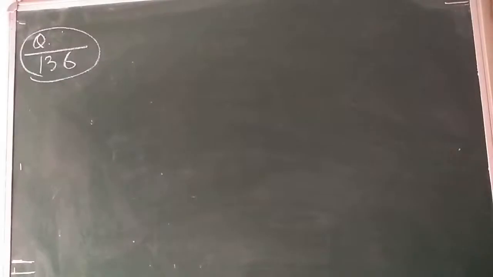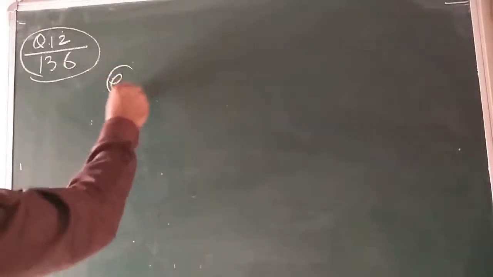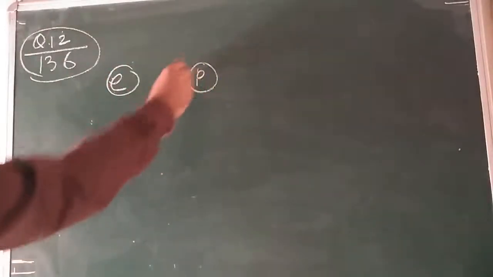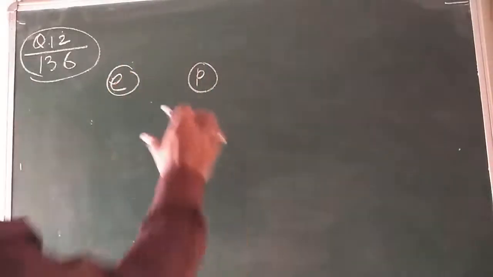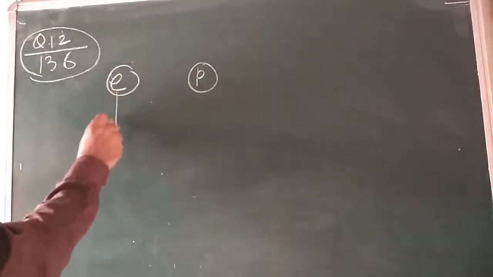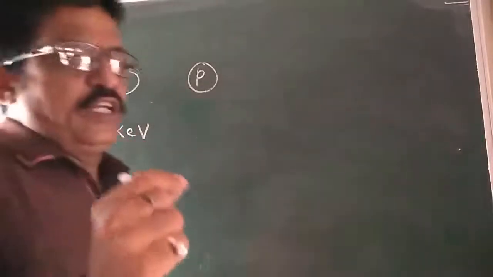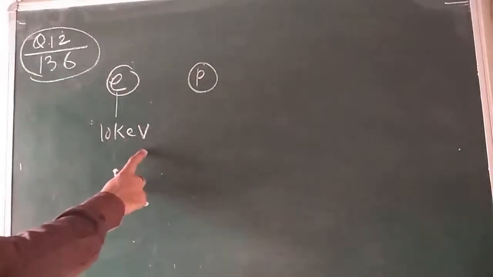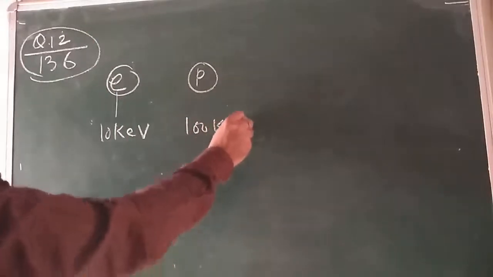See here, what is that? Question number 12, read it. An electron and a proton are both detected in a cosmic ray experiment, the first with kinetic energy 10 keV, kilo electron volt, and the second with 100 keV, kilo electron volt.